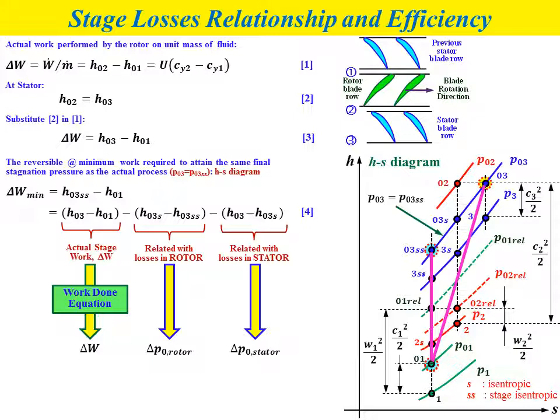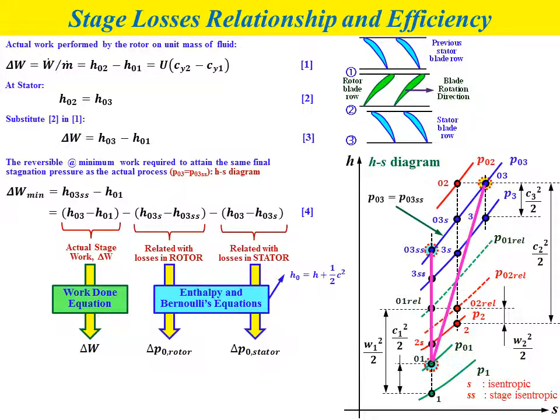And H03 minus H03S equals delta P naught in the stator, the total pressure loss in the stator. We get this equation after we apply the enthalpy and Bernoulli equations to the enthalpy difference in equation number 4.